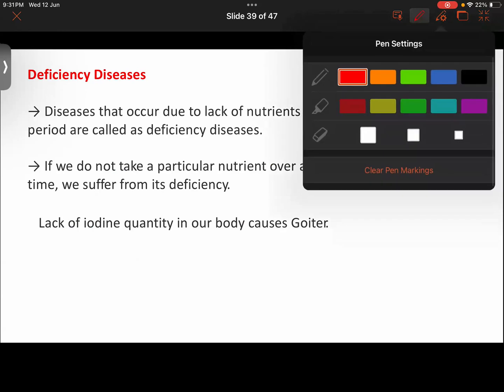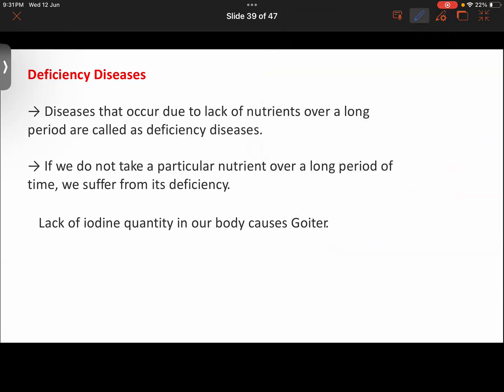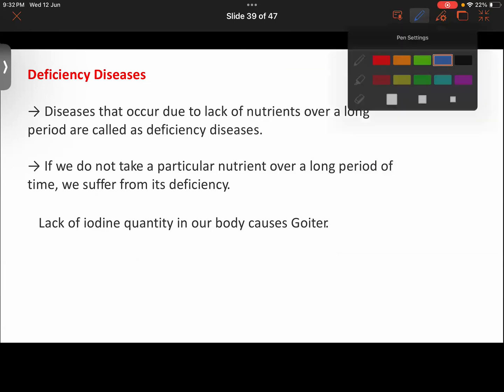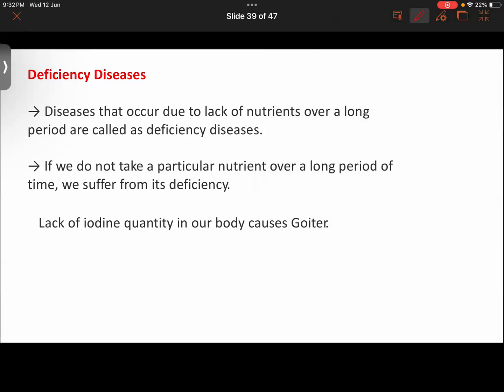Now we are going to learn about deficiency diseases. These are diseases which occur due to lack of the right amount of nutrients in your food. It does not happen to a person in a day or two. If a person suffers from lack of nutrients over a long period of time, then deficiency disease will occur.